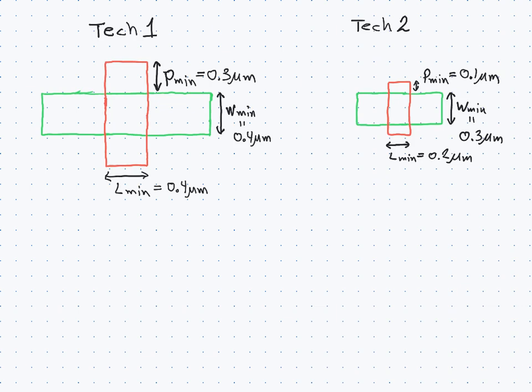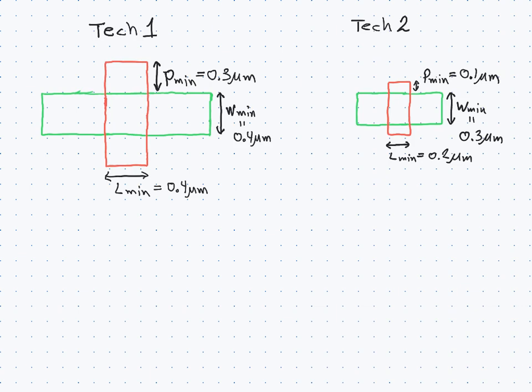Now, for instance, if we scale all of the dimensions according to the minimum transistor length, which is common, then we can see that relative to the minimum transistor length, the poly overlap in technology 2 is smaller than it is in technology 1.